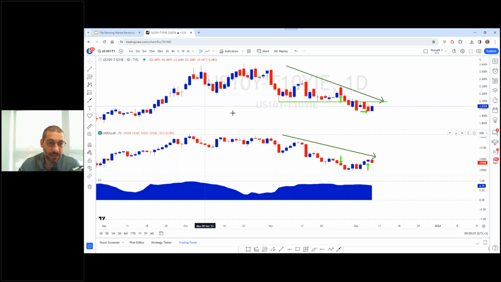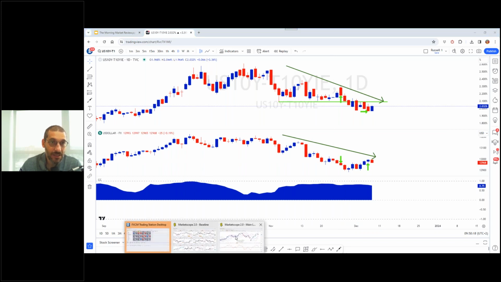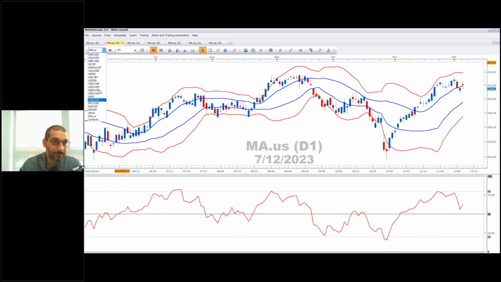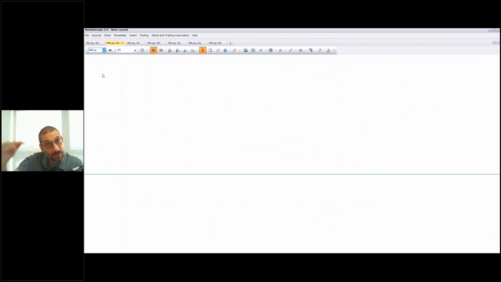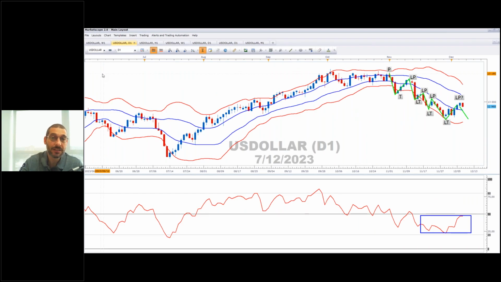All right, let's take a look at the MarketScope and just take a look at our levels. I can see US dollar seems to have hit a resistance level. Let's just go ahead and see if that measures, because it's been a difficult couple of days because of the divergence in the real rate and the dollar.